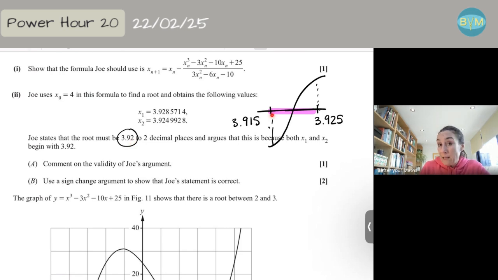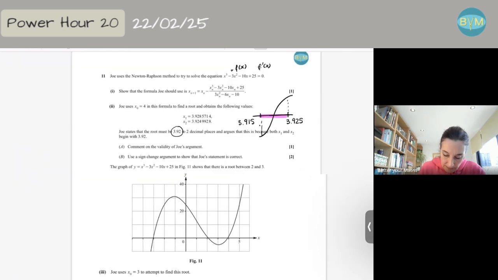So if I am able to find that f of this value is positive and this one is negative, or the other way around, that means I have a root in this interval that when I round to 2 decimal places is going to be 3.92. So that's the way of showing these questions. I'm going to find f of this value, f of this value, and then I'm going to see if there is a change of sign.